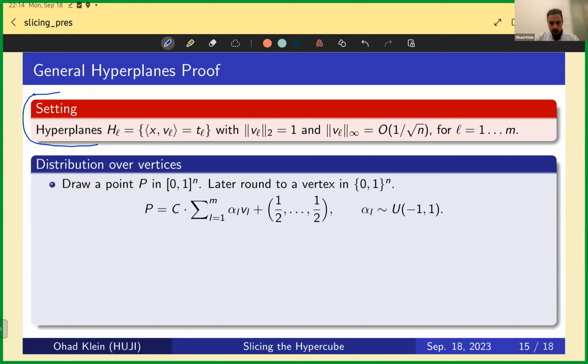Okay, so before we draw the vertex on the hypercube, let us start with drawing some point inside the solid cube, the n-dimensional solid cube. We will later round this point to a vertex.